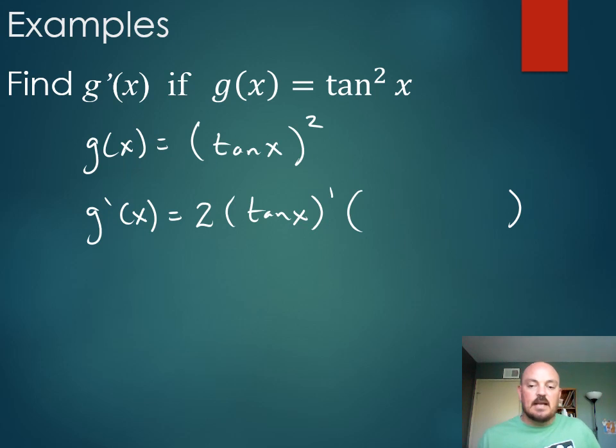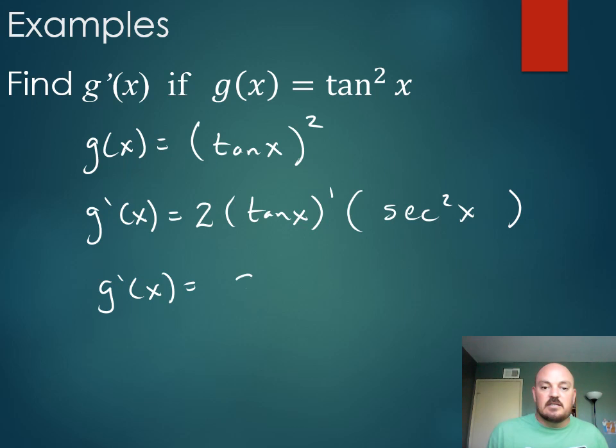So if it's something other than x that's being raised to a power that I'm doing the power rule on, then I have to multiply by the derivative of that thing. Now the derivative of tangent x is secant squared x. And basically if you just push that all together, that's your answer. There's no simplifying here. You can get rid of the exponent of 1. But your answer ends up being 2 tangent x secant squared x.